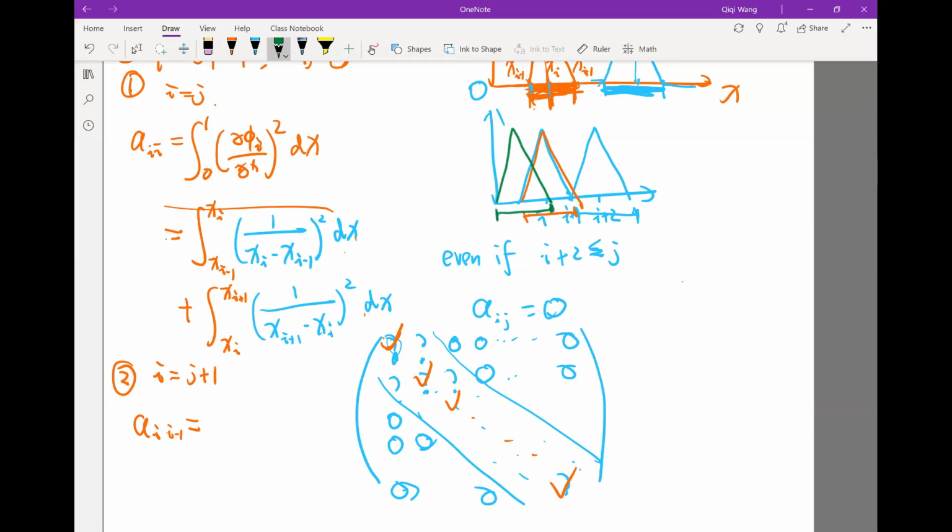And I'm going to be integrating the derivative of phi i with the derivative of the green phi i minus 1. So in which region should I be integrating this? In which region is the product of the derivatives non-zero?